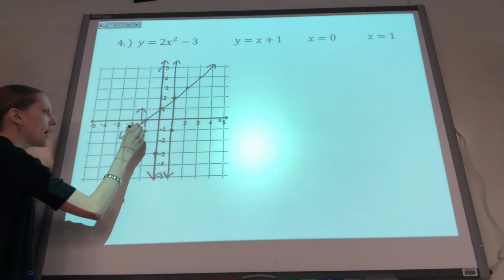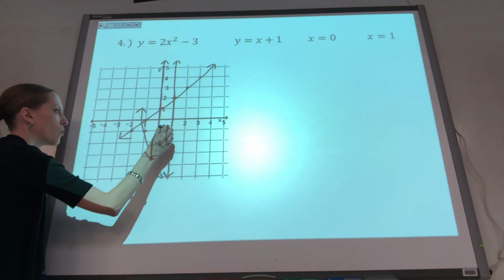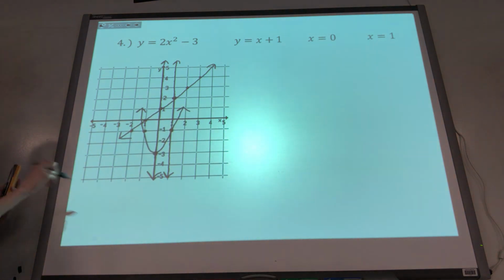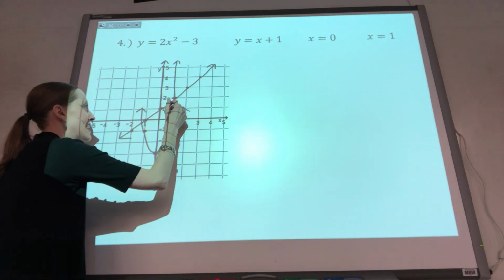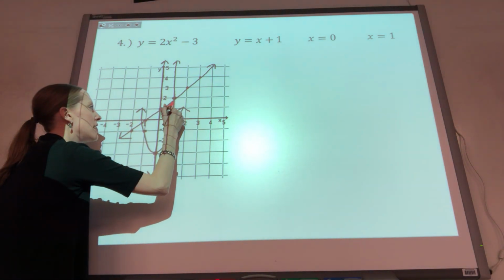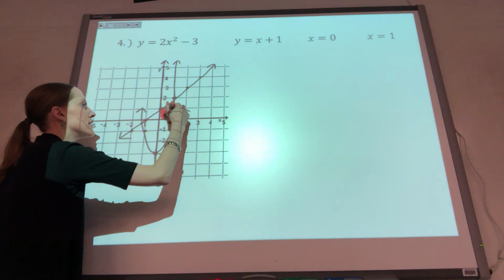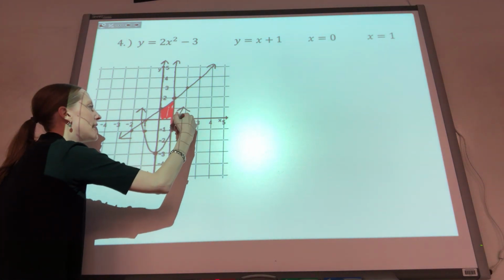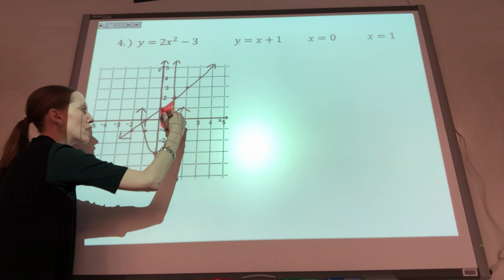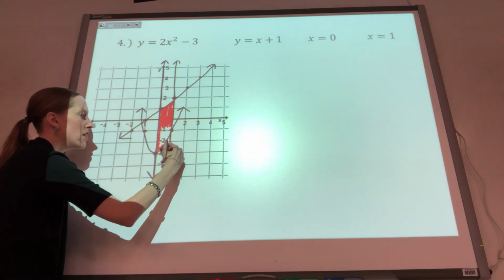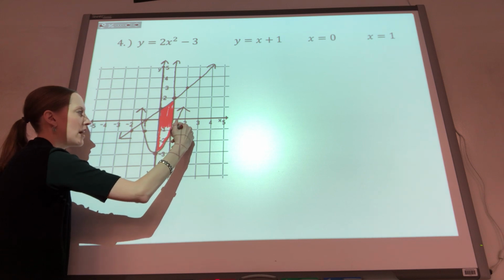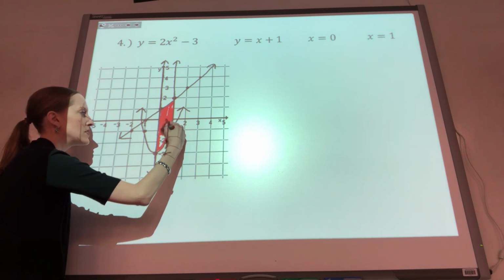But watch what happens once I graph that parabola. There's a lot going on up here, but the bounded region has to touch all 4 functions. So it's going to be underneath of the x plus 1. It's going to be in between the vertical lines and sort of above the parabola, just kind of on that right-hand side.